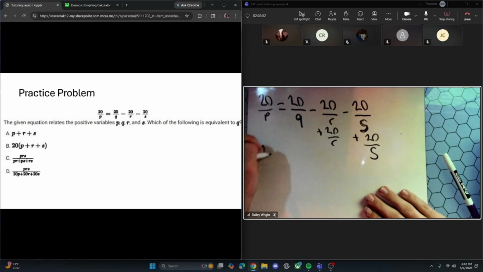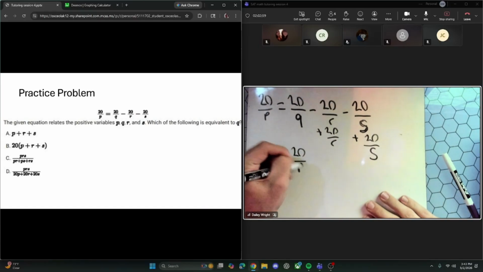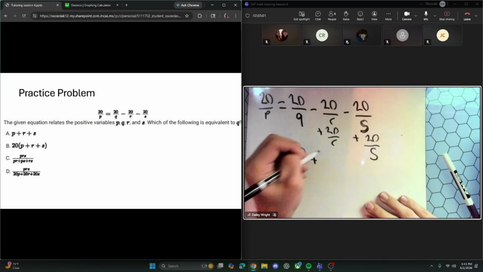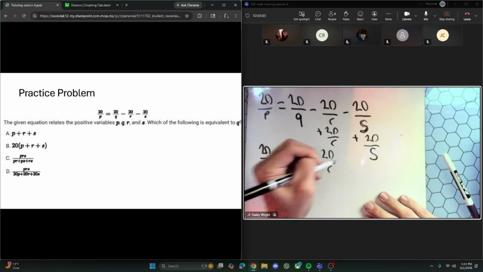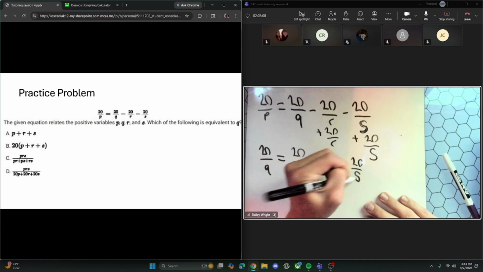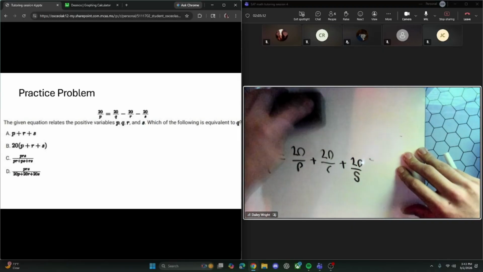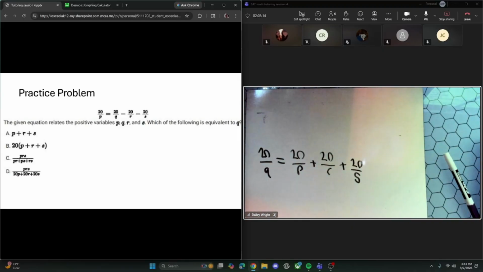So 20 over q equals 20 over p plus 20 over r plus 20 over s. So now I've gotten the fraction with q by itself. But q's in the bottom. That's our issue here. I can't figure out a way from here to get q by itself.